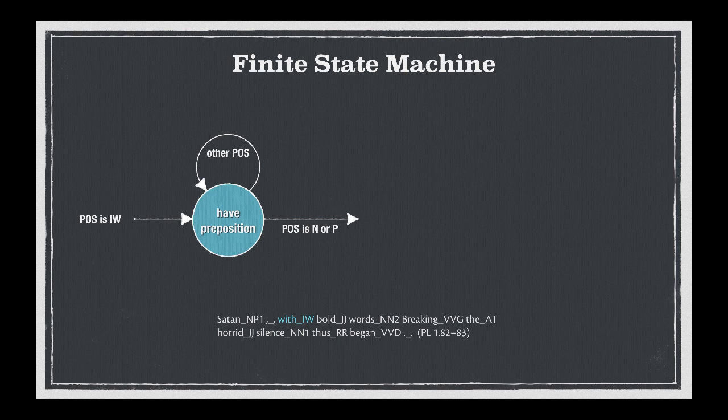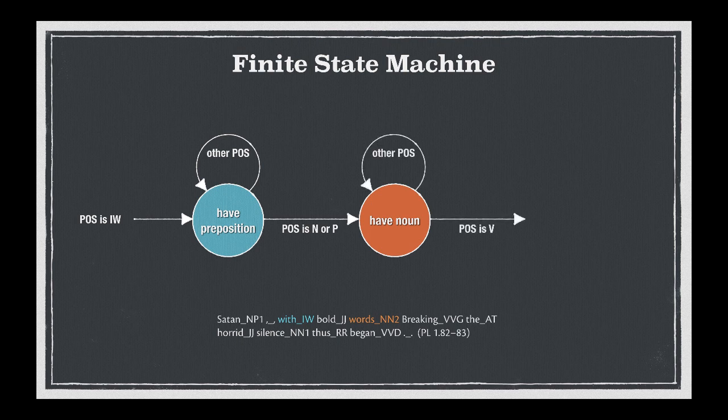If we have any other kind of word, in this case "bold", which is an adjective, code JJ, we just ignore it and stay at the status of having a preposition. When we get to the next word, which is a noun, we advance our state, and now we have a noun. Then we just keep repeating that process.